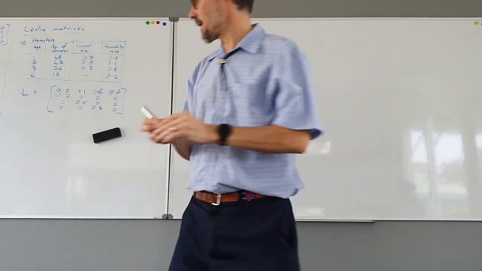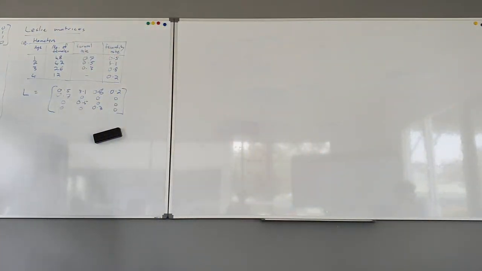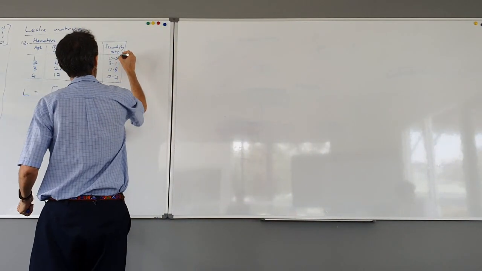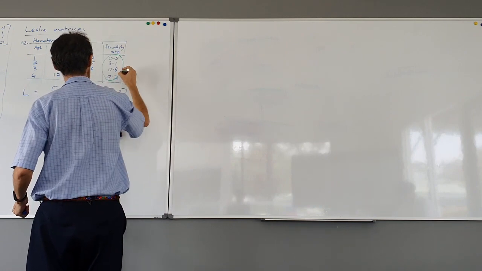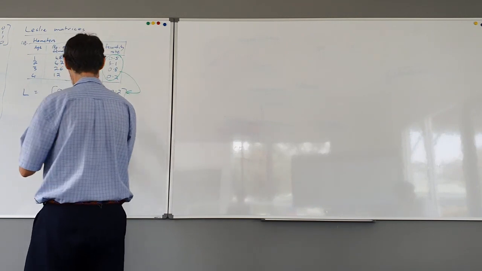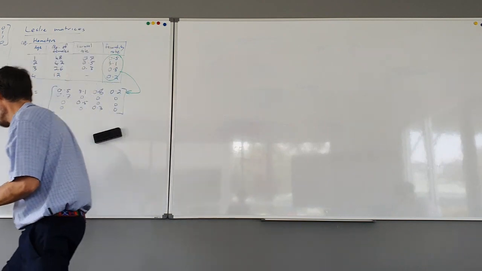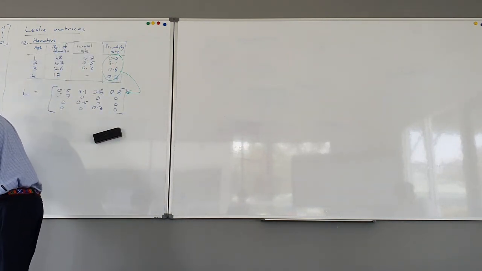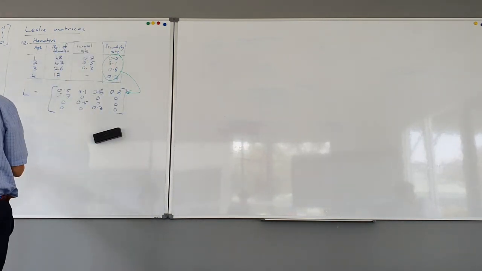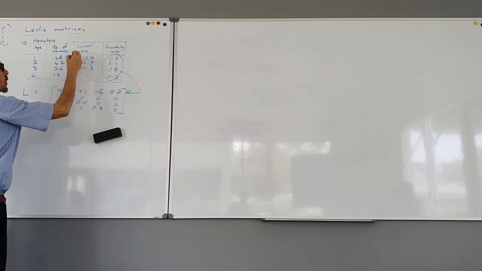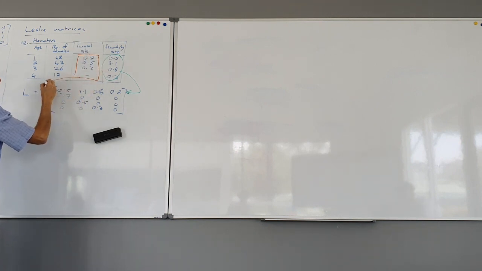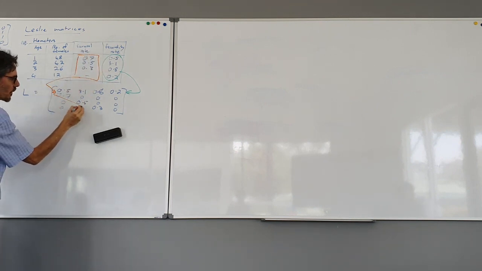Let me get my colours. Oh, they're here. Fecundity numbers went along the first row, and survival rate went down the diagonal.